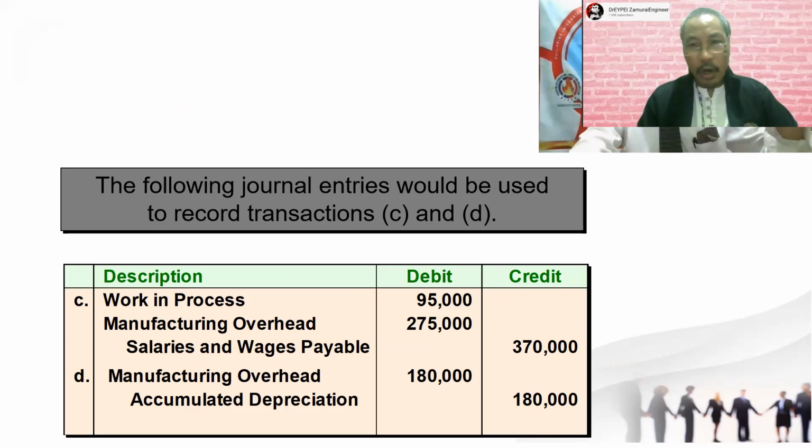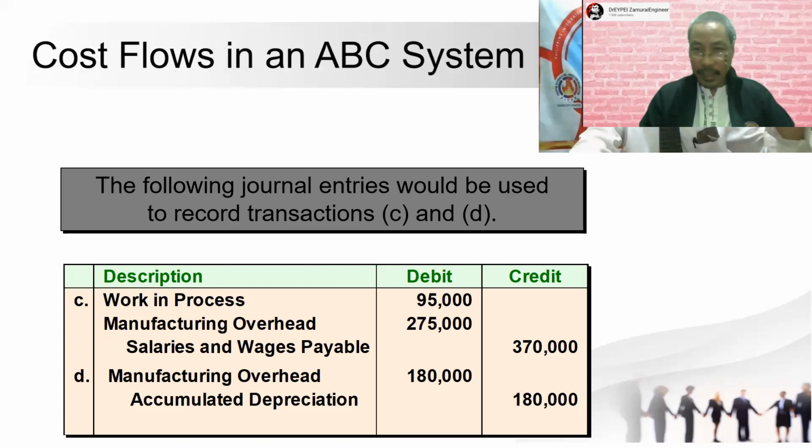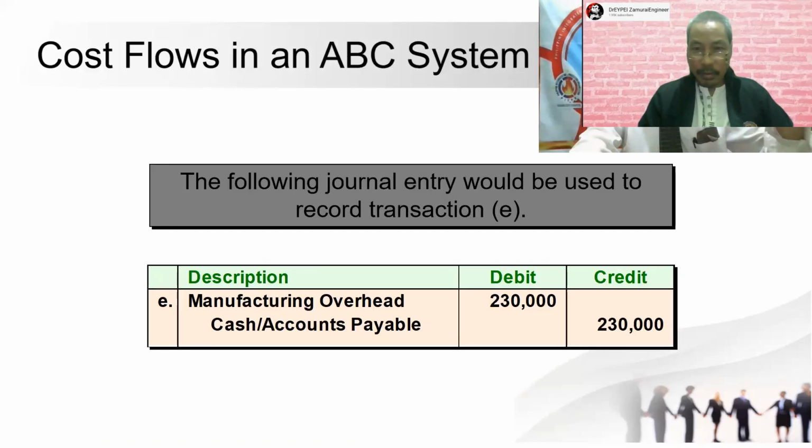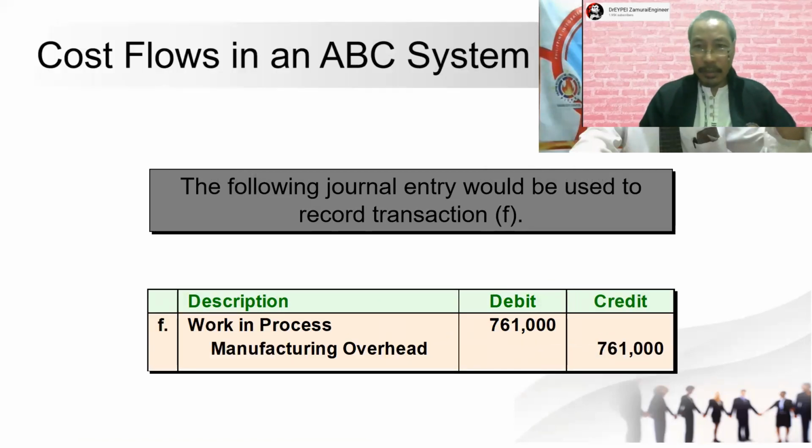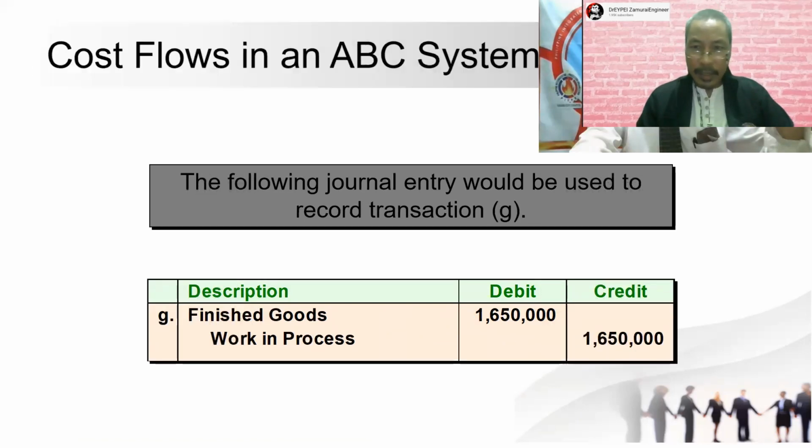Meaning to say, all of the records that you are going to post in the ledger have to come from the journal. So all the journal entries will be transferred to the ledger for posting. So first is the transaction record. Number 2, journal entries. Then number 3 is ledger posting.